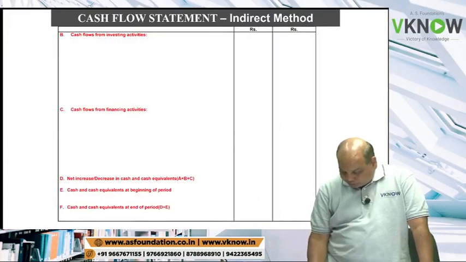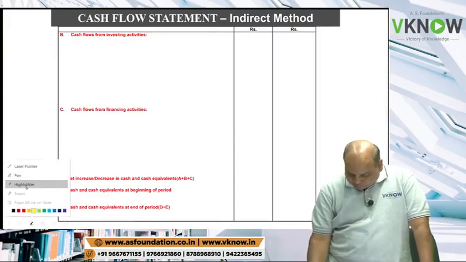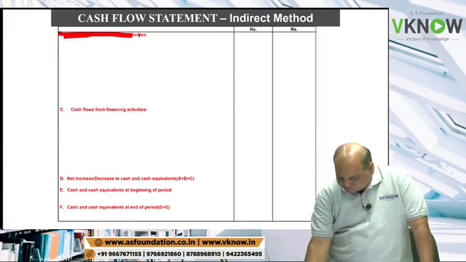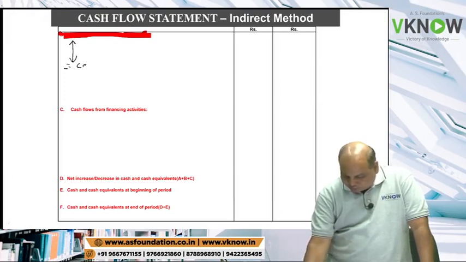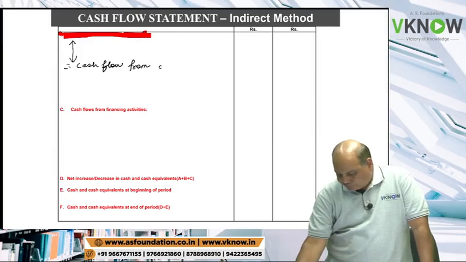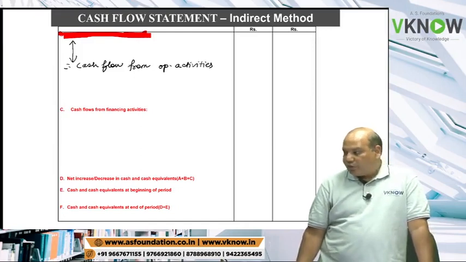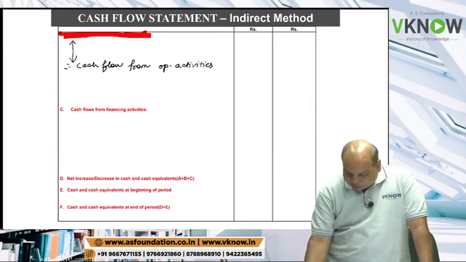And then write down below, keep 2 lines blank here. Therefore, cash flow from operating activities.